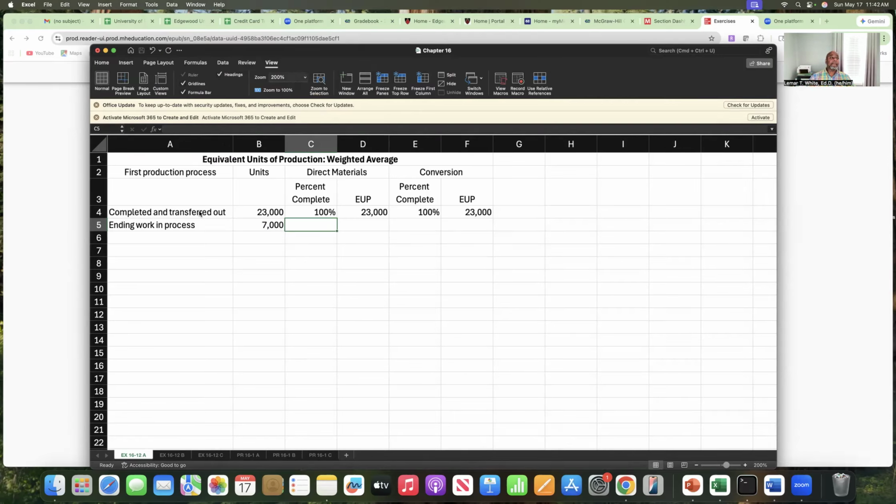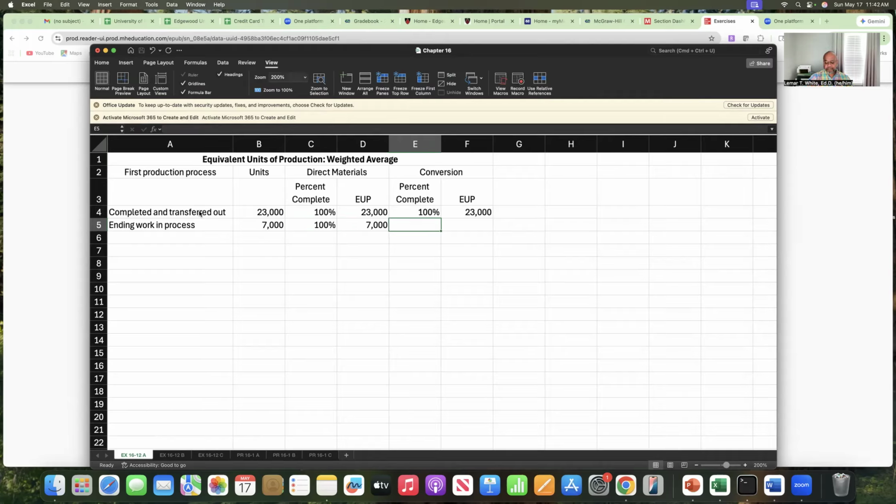Now remember, the question says all of the direct materials are added at the beginning. So even though at the end, these units have not been completed, because all of the direct materials are added at the beginning, 100% of our direct materials were added into these ending work in process items. So I'm going to put 100% here under direct materials. So 7,000 times 100% leaves me with 7,000 equivalent units of production.